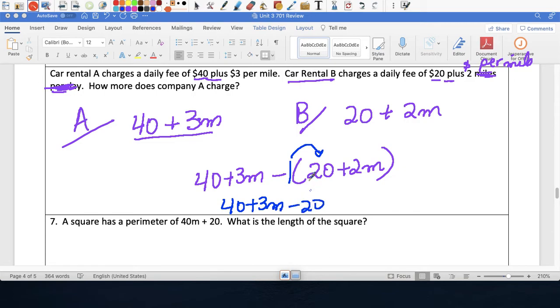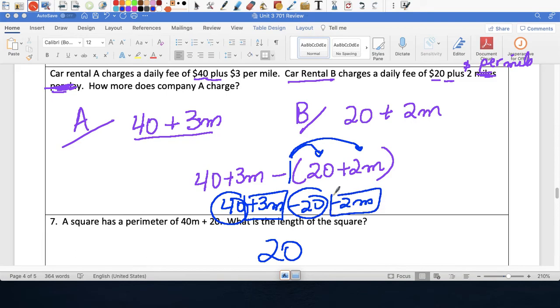Minus 20 minus 2M, right? Negative times the positive is a negative. Can we combine like terms? Yeah, we can combine the 40 and the minus 20. 40 minus 20 is 20. 3M minus 2M gives me positive 1M. There's my final answer.